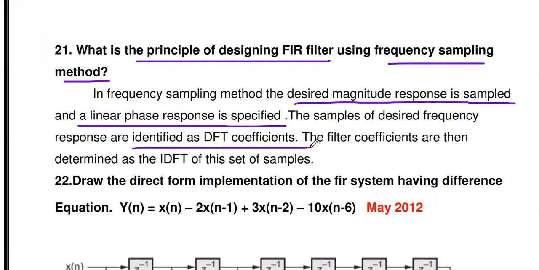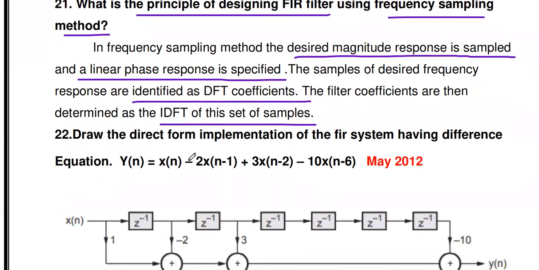Capital H of k is a DFT coefficient. The filter coefficients are then determined as the IDFT of this set of samples. After calculating H of k, we use the inverse DFT formula to find H of n, in order to find the filter coefficients. First, we sample the HD of e power j omega to obtain H of k. Then for that H of k, we take the IDFT to obtain H of n. That is the principle behind the frequency sampling method.